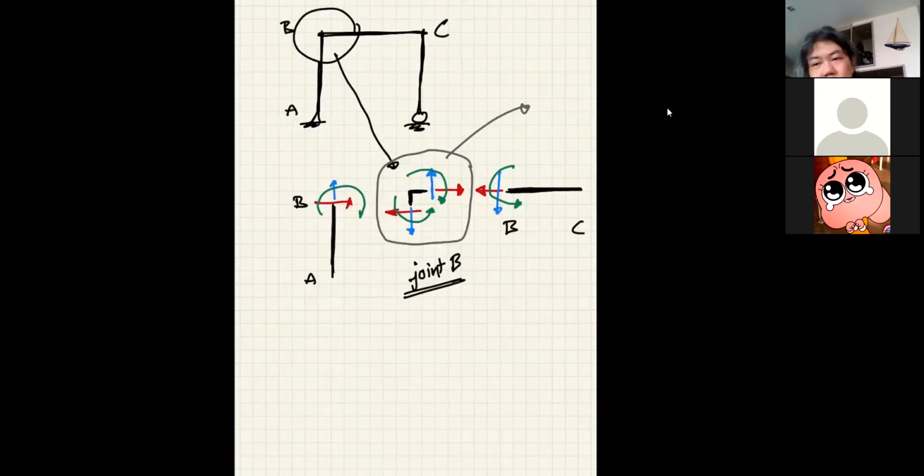You don't have to draw the free body diagram of joint B, but let's say I have an external load applied here. This external load will be included in this. So now in balancing sigma Fx, you need to include the effect of this purple load, and your two horizontal forces may not be equal anymore because of the presence of the purple load.